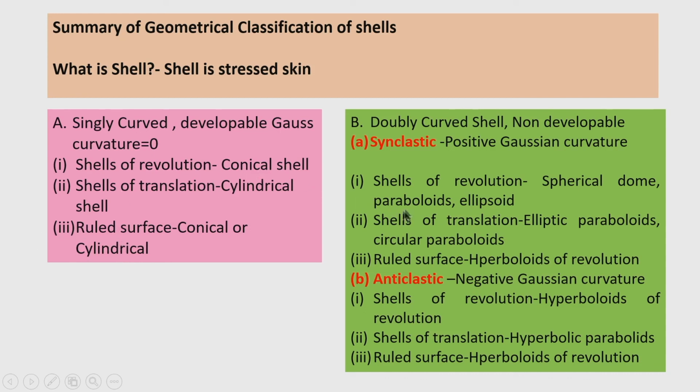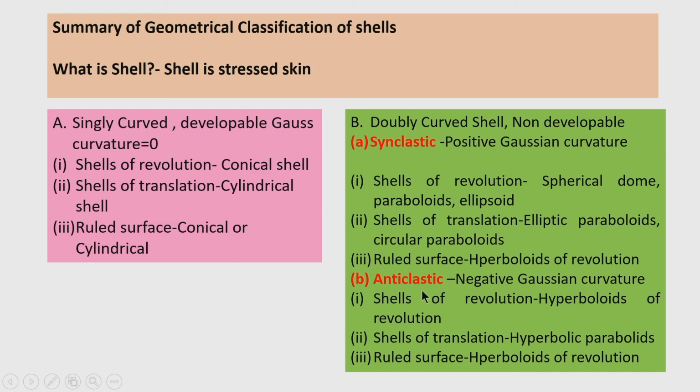In the doubly curved shell, synclastic nature is found in the case of spherical dome, paraboloid and ellipsoid. Shells of translation are found in the case of elliptic paraboloid and circular paraboloid, and ruled surface is found in the case of hyperboloid of revolution.